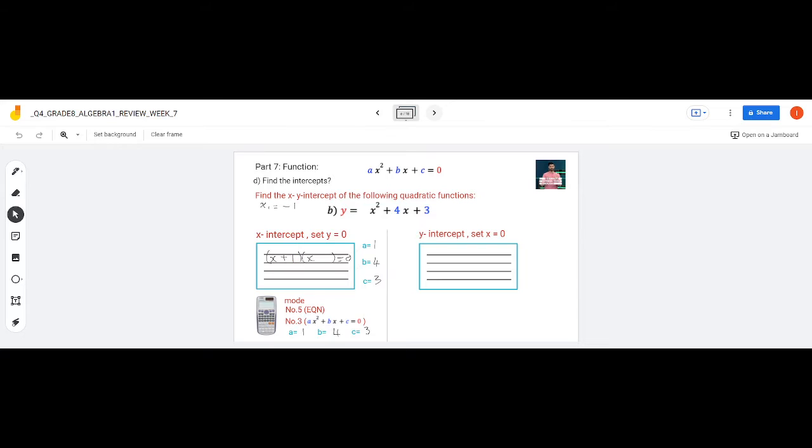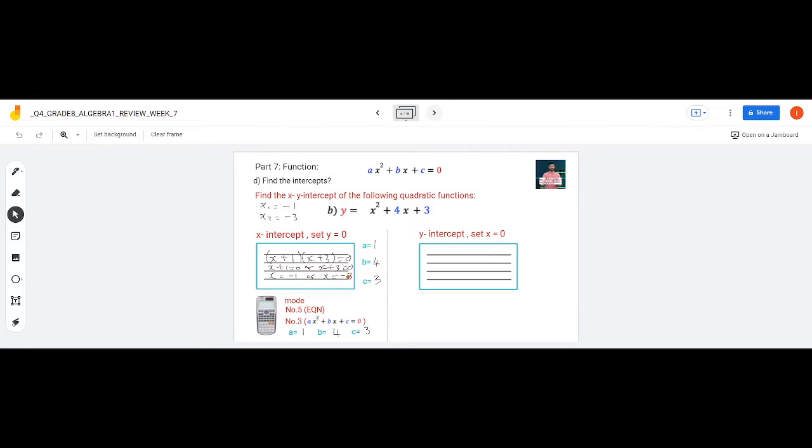My second x value is going to become -3, and in the bracket it's going to become +3. And now I just set whatever's in the bracket, x plus 1, equal to 0, or x plus 3 equal to 0. And then we just solve for x. So x equals -1, or x equals -3.